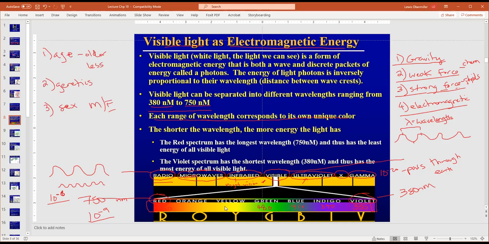And yellow is around 525, something like that, and orange is around 630-ish. So all of these colors actually can be converted into numbers, and to do that, we use a machine called the spectrophotometer.